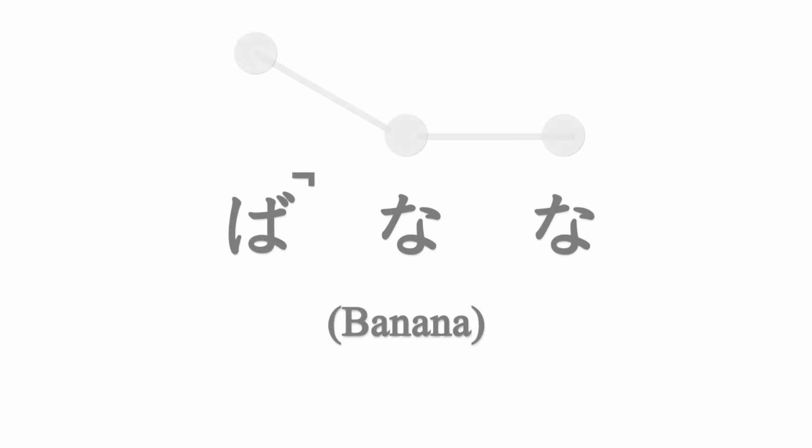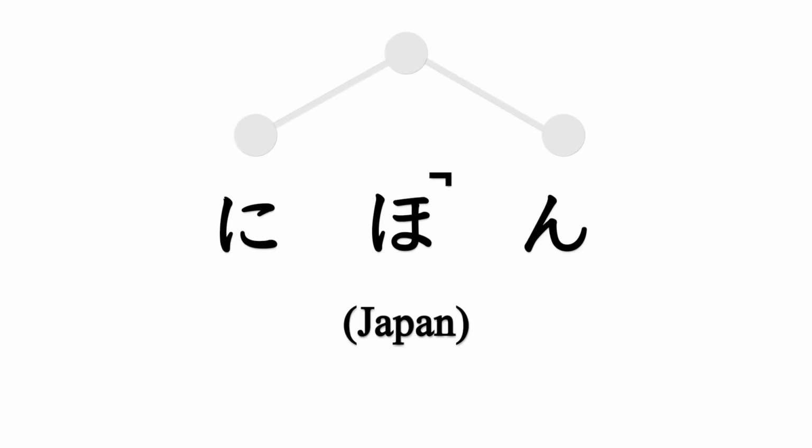In standard Japanese, there are two pitch accent rules. 1. The first mora and the second mora always have different pitches. For example, banana. The first mora starts high in pitch, so the next mora must be low in pitch. Nihon.